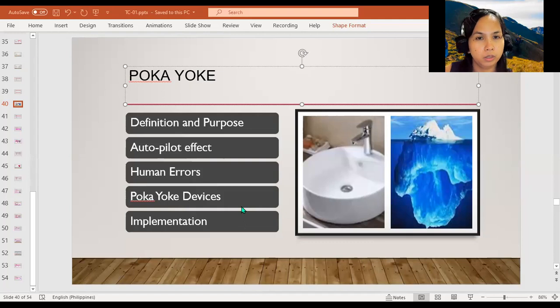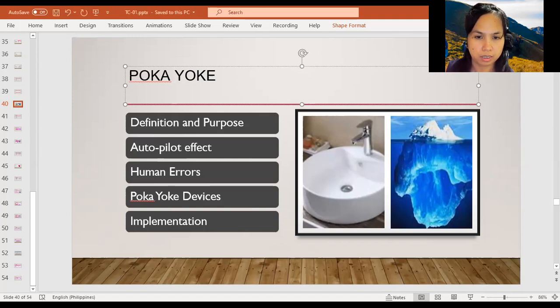Specifically, what we'll learn is what Pokayoke is, why it's so important for any continuous improvement practitioner to understand and practice. We'll learn what the different types of Pokayoke devices are, while also seeing some particular examples of mistake proofing devices in action.